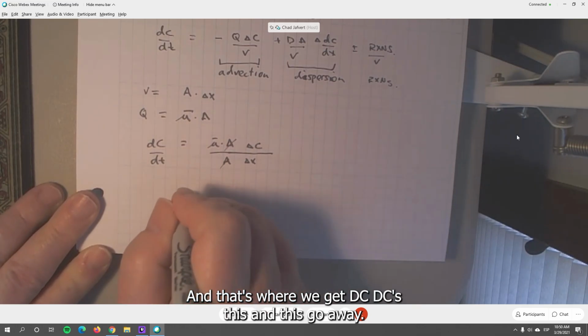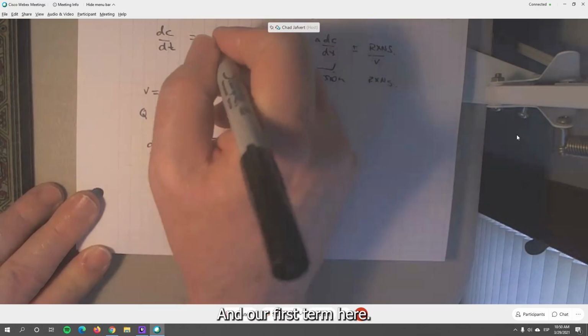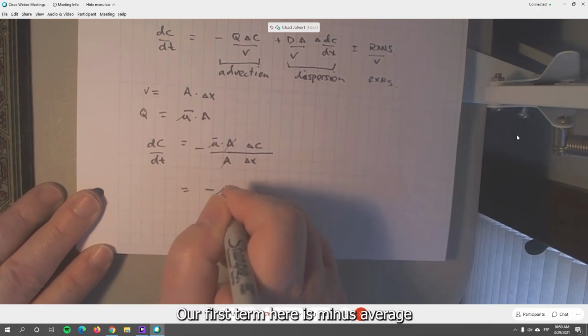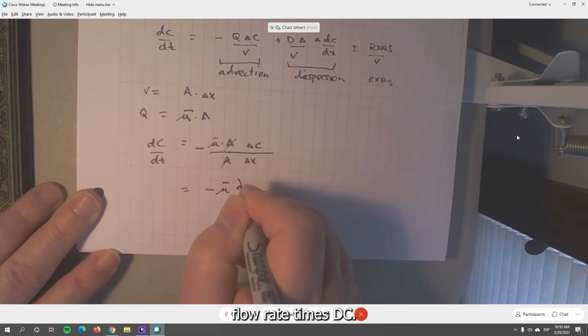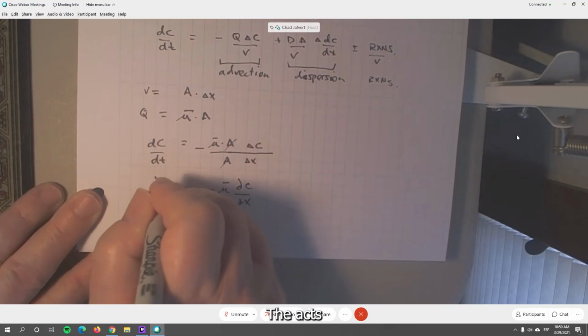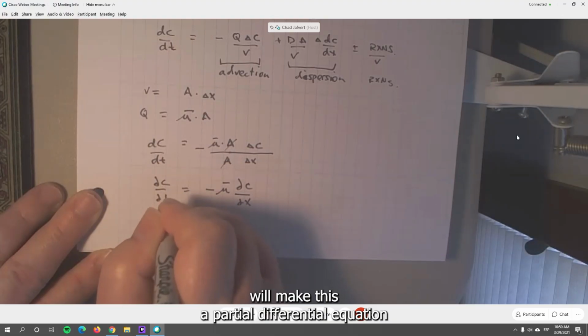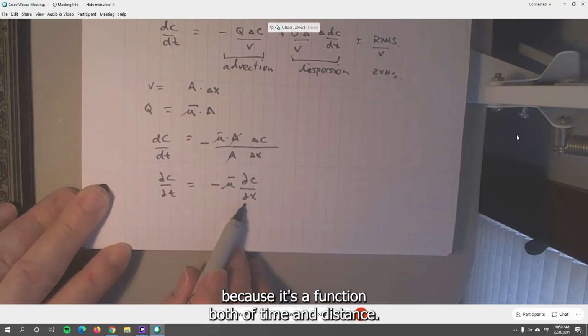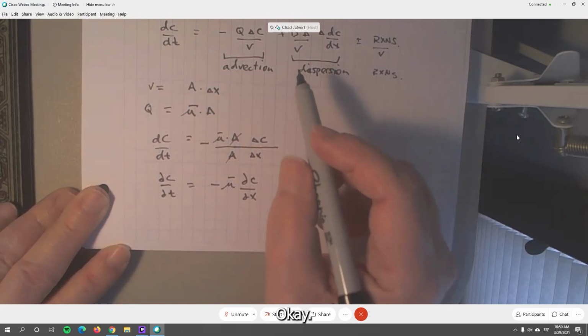This and this go away, and our first term here, and I have to put a minus in front of this, our first term here is minus average flow rate times dC/dx. We'll make this a partial differential equation because it's a function both of time and distance, okay?